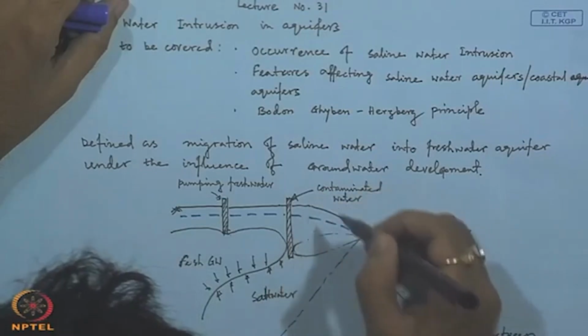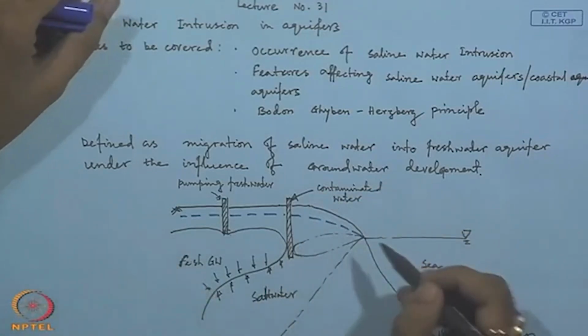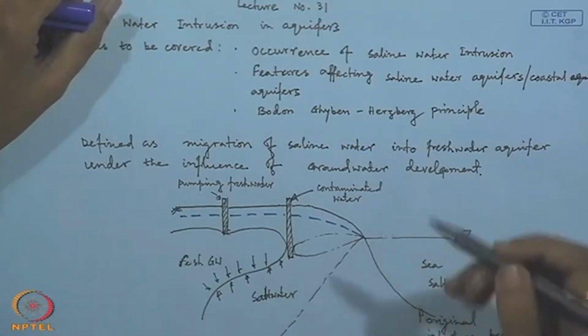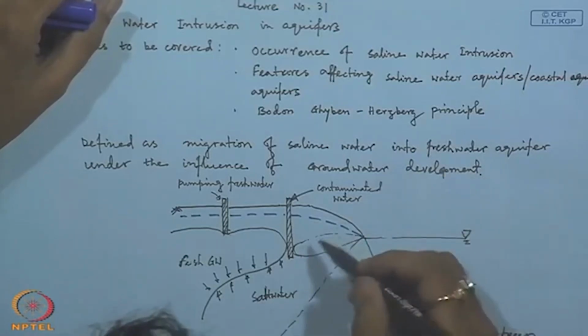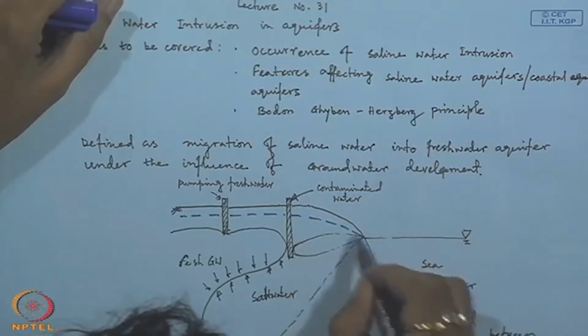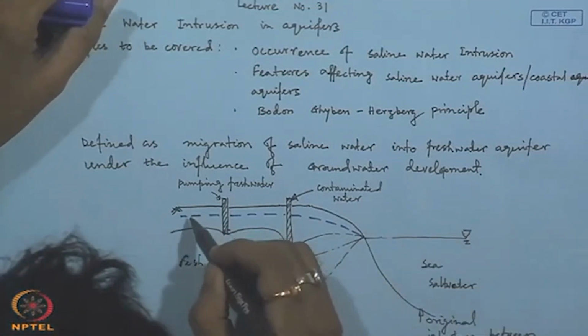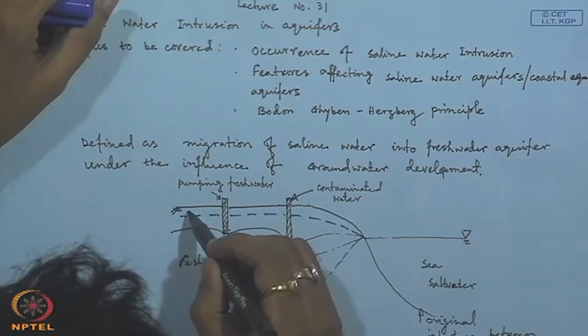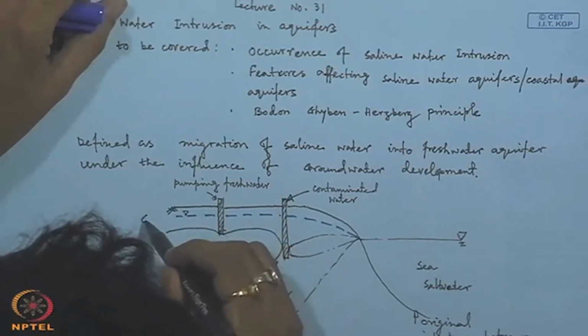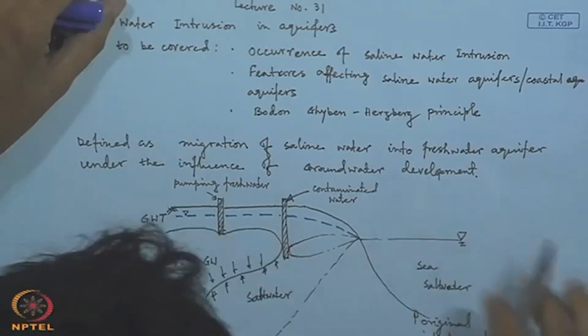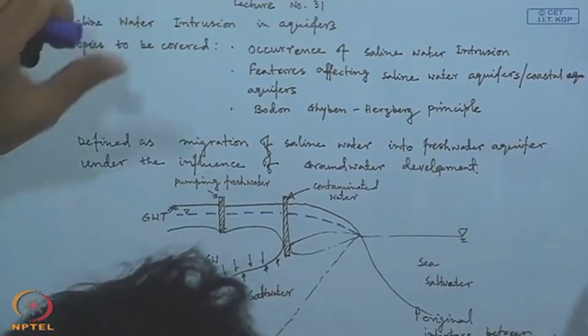Due to pumping, there will be effect of pumping within our coastal aquifer, and there will be lowering of groundwater table or GWT in this region.